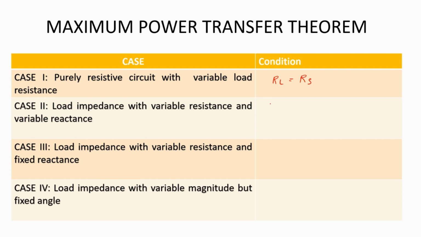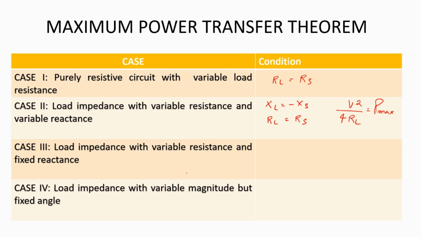So here we did differentiation two times. One was with respect to XL, the other was with respect to RL, and we obtained the conditions XL should be equal to minus XS and RL should be equal to RS. And the maximum power that is to be transferred boiled down to the same expression that we got over here, which was V square by 4 times RL.